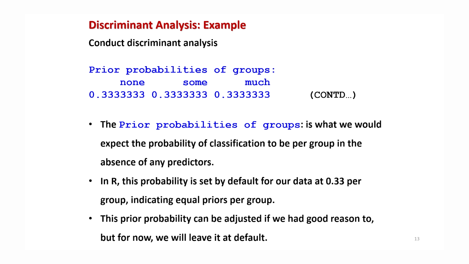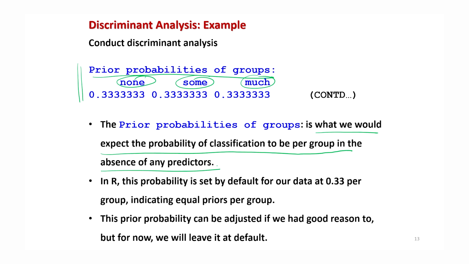So first look at this part. It gives you the prior probabilities of the groups, none, some, or much. This is what we would expect the probabilities of classification to be for each group in the absence of any predictors. In R, this probability is set by default for our data at 0.33, that is 1 upon 3, 1 upon 3, 1 upon 3.